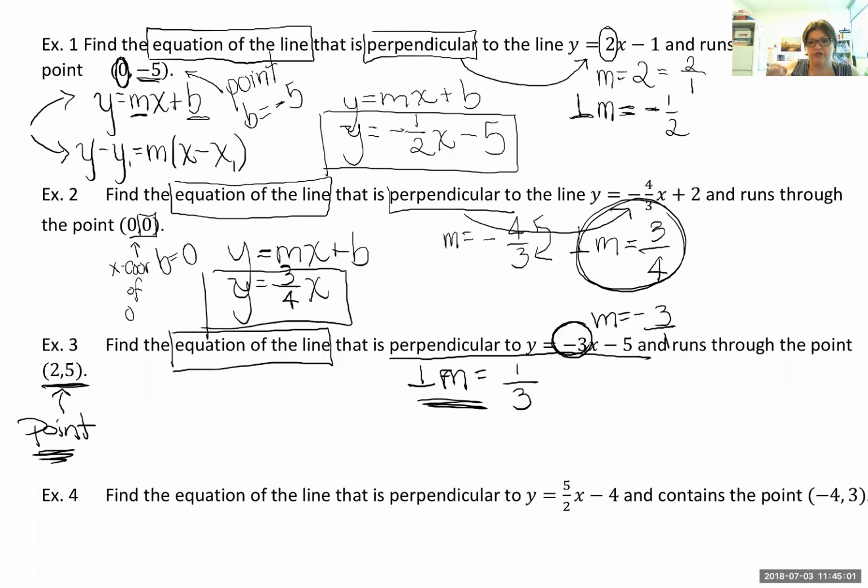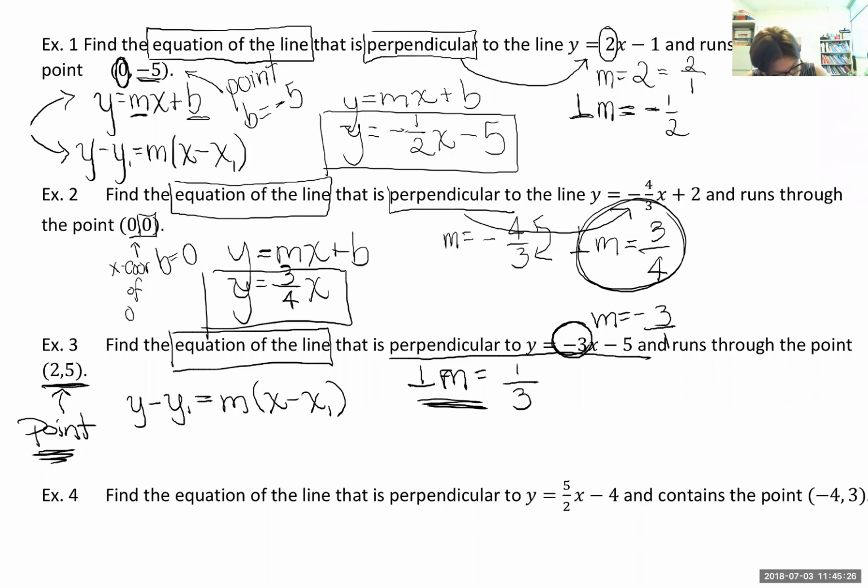There's more than one way to do this. But since I have a point and a slope, I am going to choose to use the point-slope formula. So I bust out the point-slope formula, y minus y1 equals m times the quantity x minus x1. And if you think I'm doing this pretty fast, it's because you haven't watched the last two videos, okay? We got up to speed on these concepts.